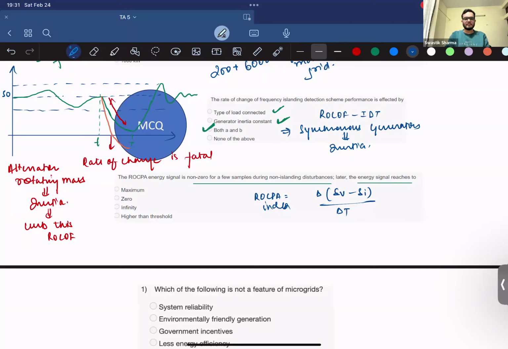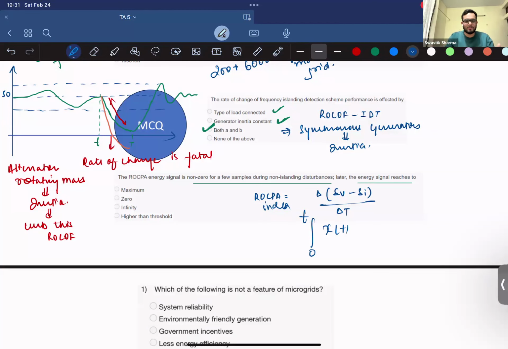So what is an energy signal? Since this is the rate of change of some quantity with respect to time, if you integrate this signal with respect to time, you will get the energy of the signal.